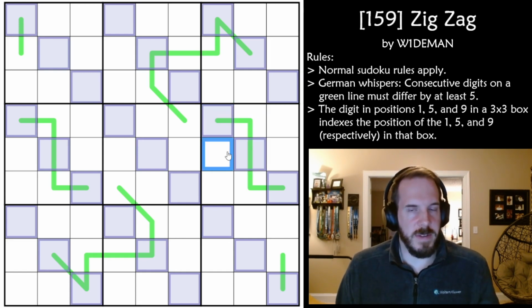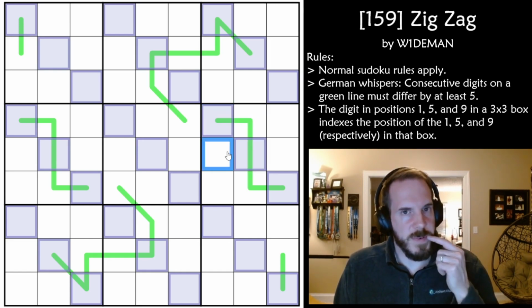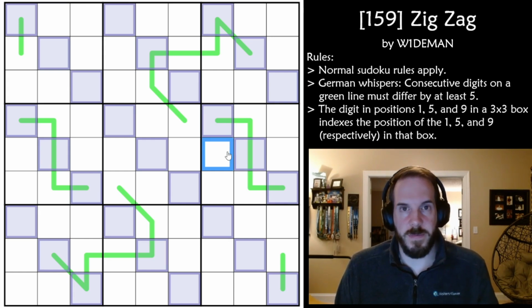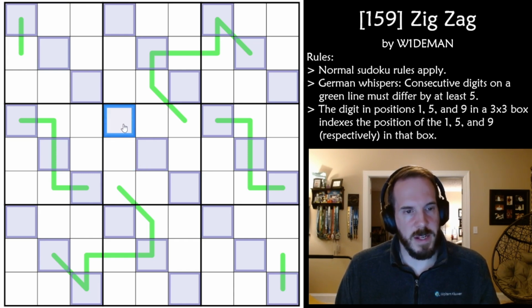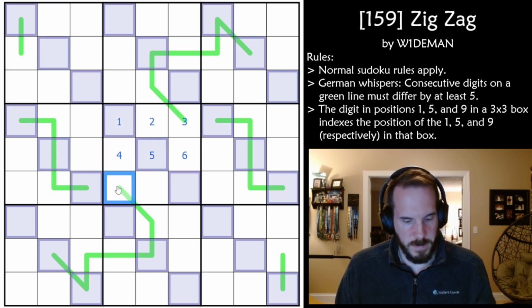And we also have box indexing. This is similar to 159 if you've solved that type of puzzle before, but a little bit different in how the indexing works. So I want to mark this central box using box positions. I'll just mark these now as the positions.